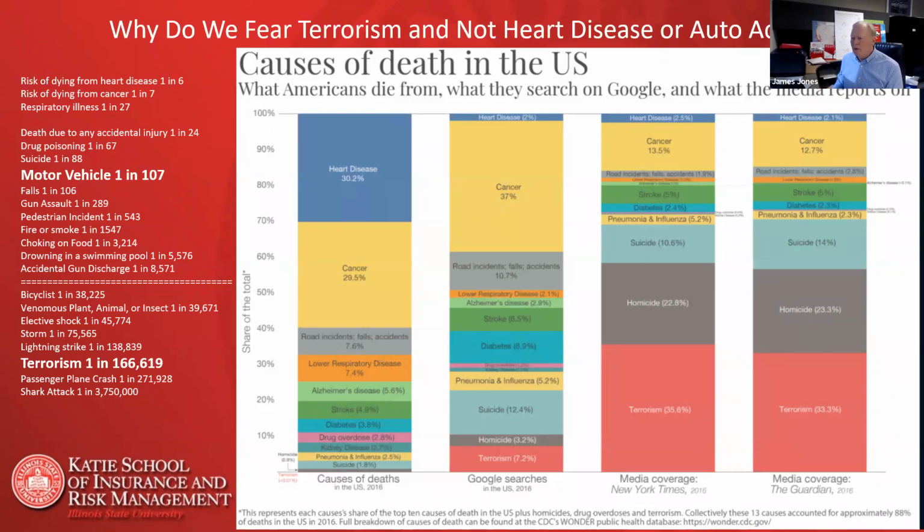And as we saw, that likelihood of you being killed in a terrorist attack is very low. Same with homicide. Homicide is a risk, but it's certainly much, much greater than the actual likelihood. And suicide and cancer and others. Heart disease, again, is not really very well promoted.